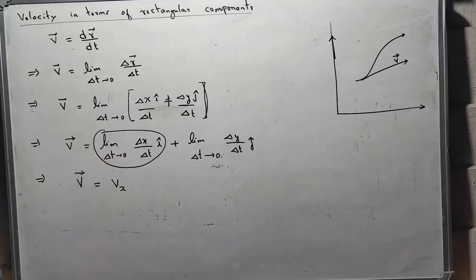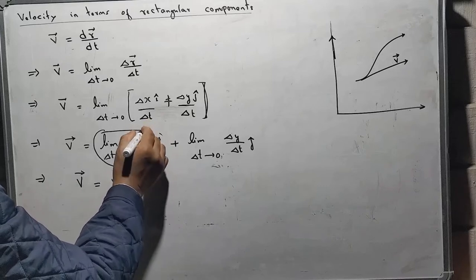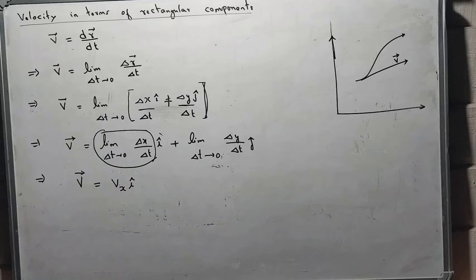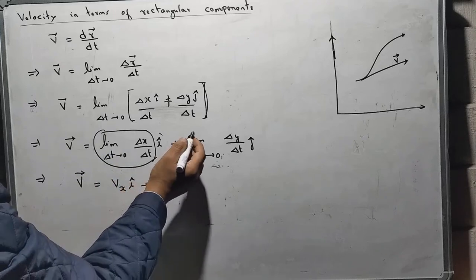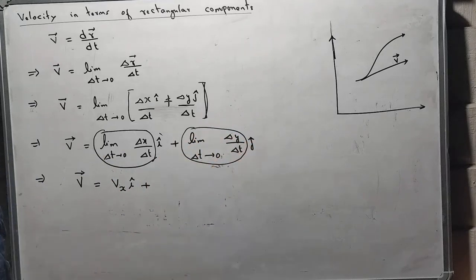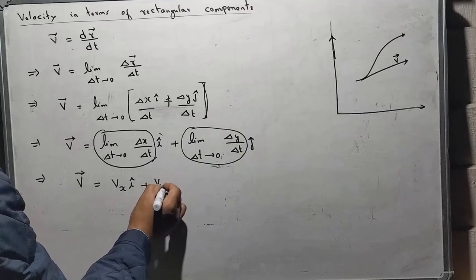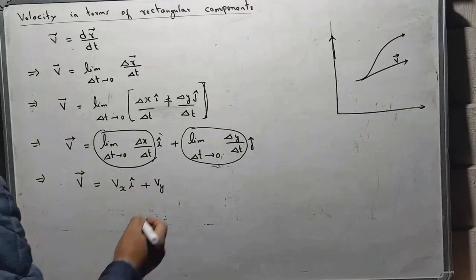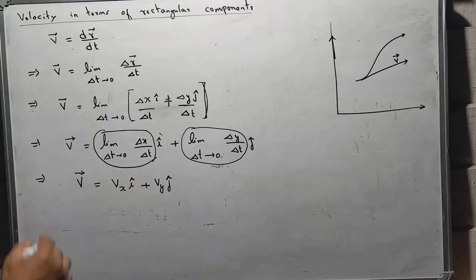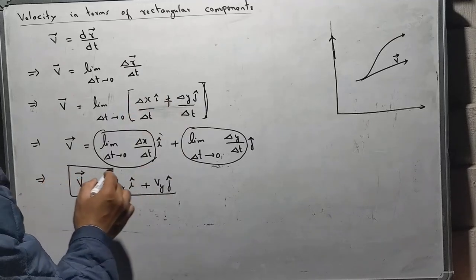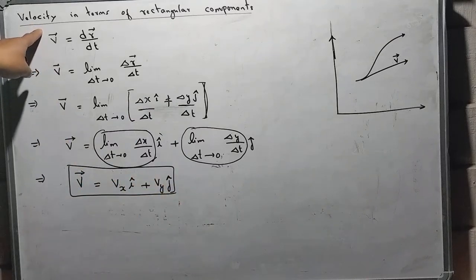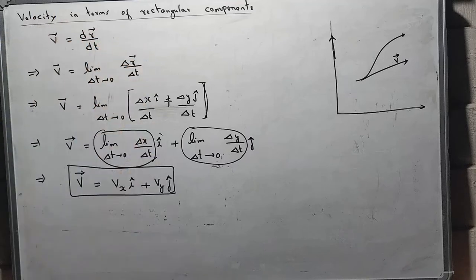So for that we write vx. Sorry, this i cap should be outside, because it tells the direction of the velocity along the x-axis. Plus, similarly, for limit delta t tends to 0 of delta y upon delta t, I will write vy, which is the velocity along the y-axis, and we have j cap. So v vector equals vx i cap plus vy j cap is the expression of the instantaneous velocity in terms of rectangular components.